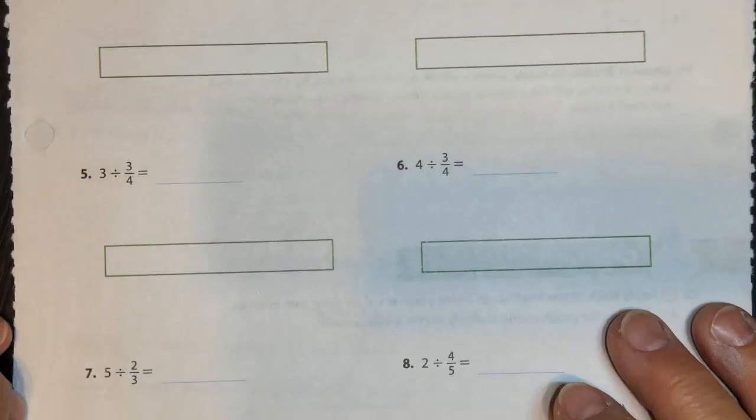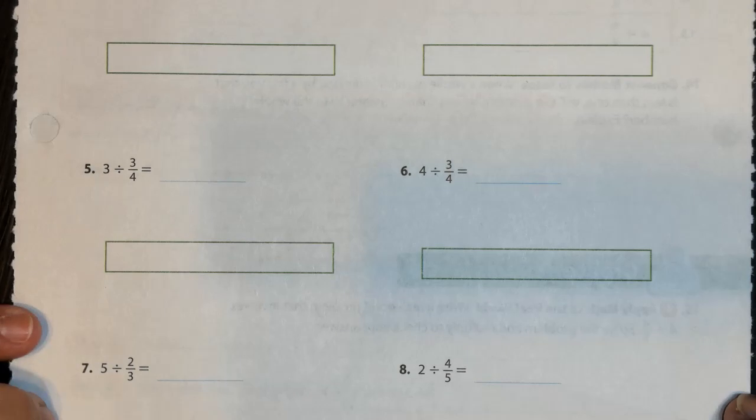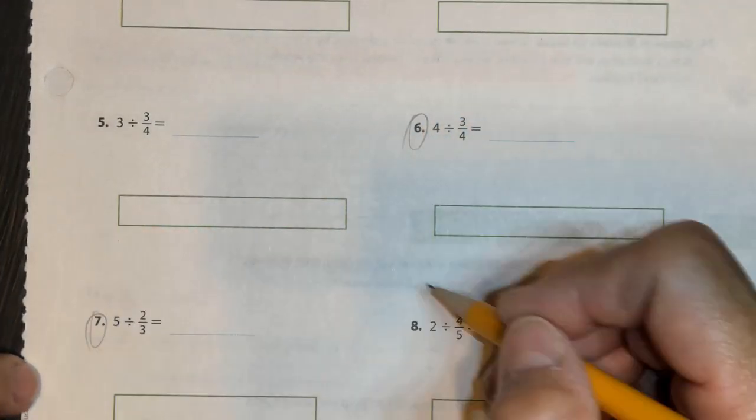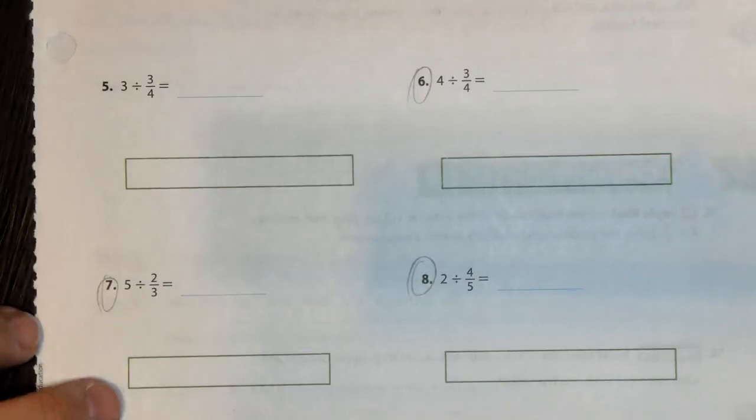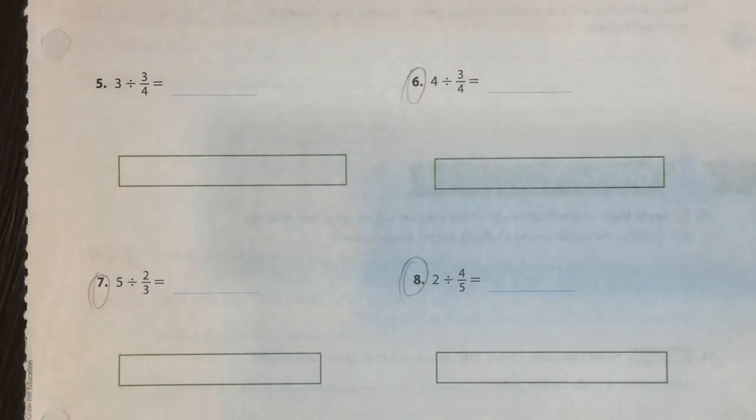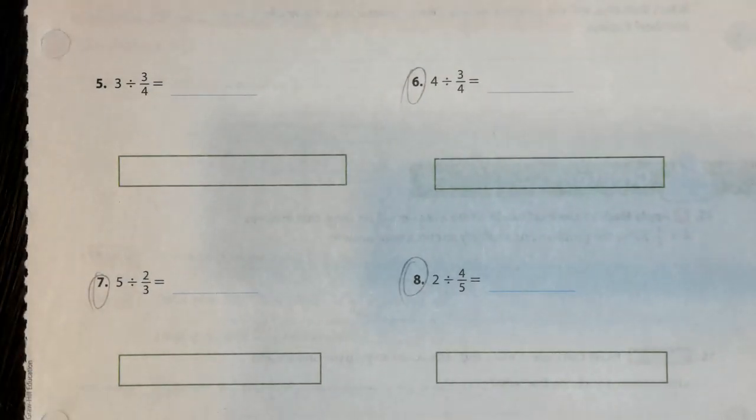I'm just going to go ahead and give you a heads up and tell you that 6, 7, and 8 are going to have those remainders left over, like that last one we just did, and I will be happy to help you with that. We're going to look at number 6 first.